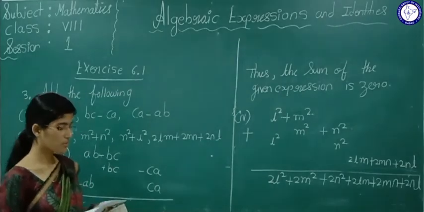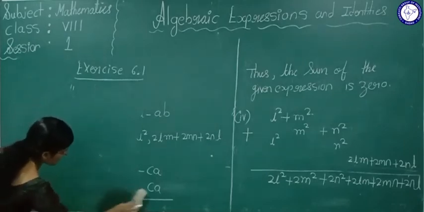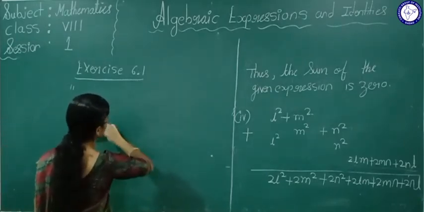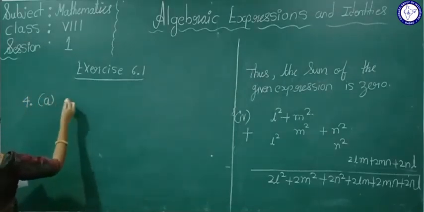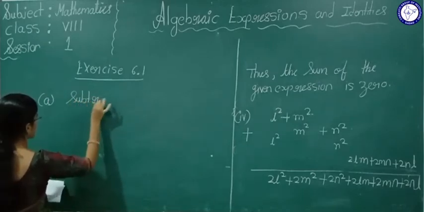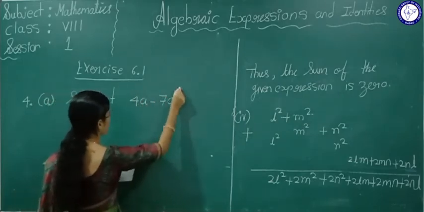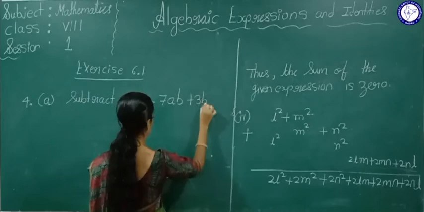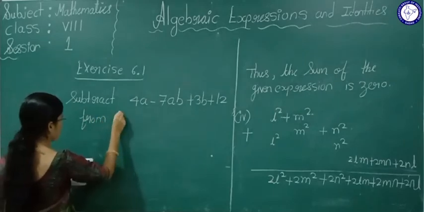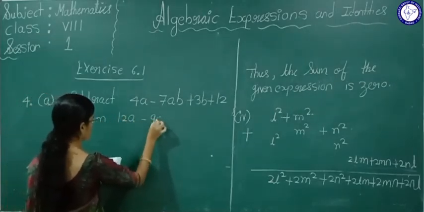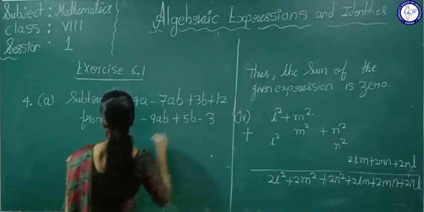Now we will see the fourth one. Now fourth one: subtract 4A minus 7AB plus 3B plus 12 from 12A minus 9AB plus 5B minus 3.